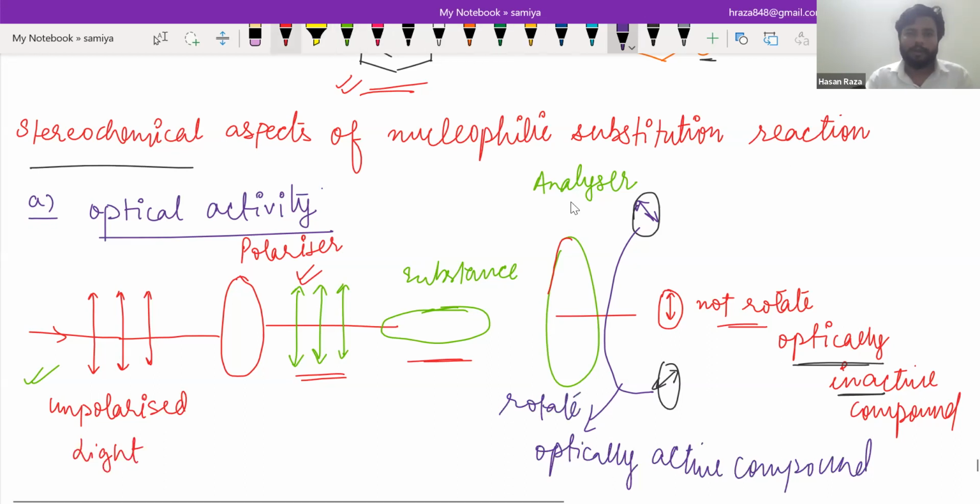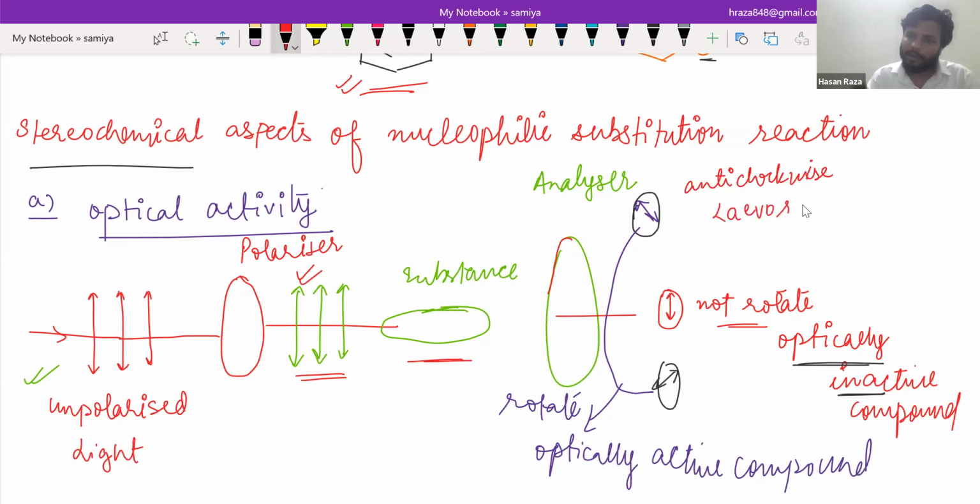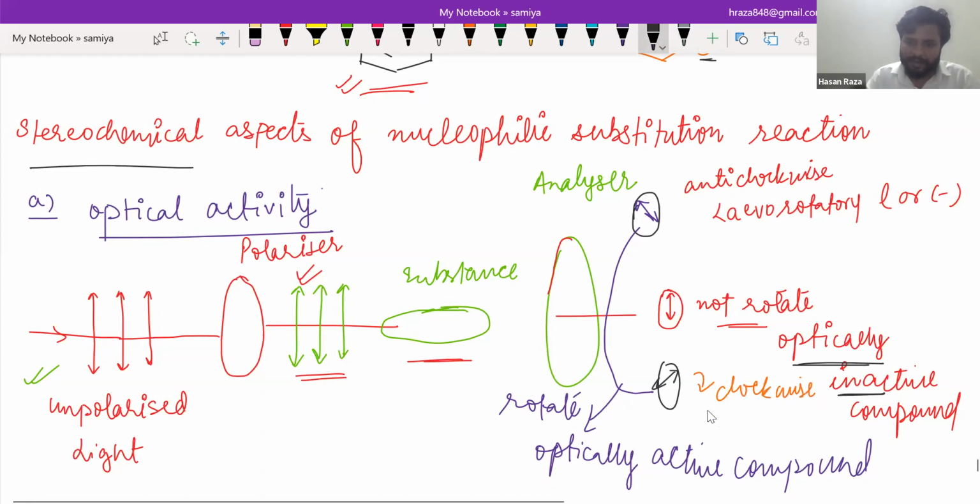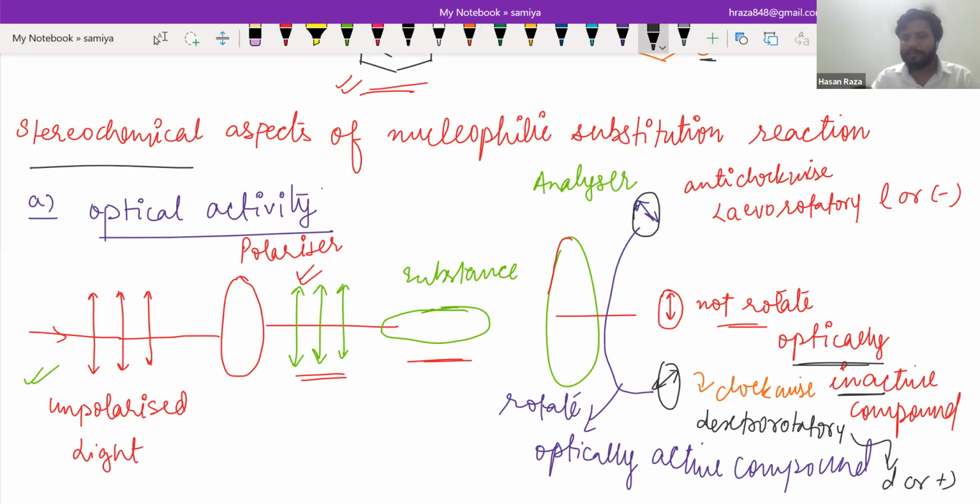Now if it will rotate anti-clockwise, that is known as levorotatory, denoted by L or minus. And if it will rotate clockwise, that means it is dextrorotatory, denoted by either D or plus. Please write it.